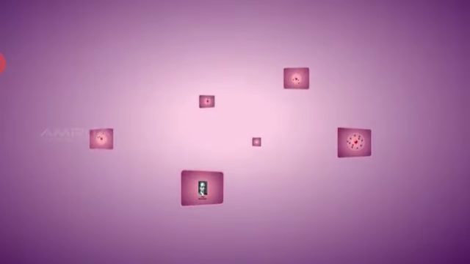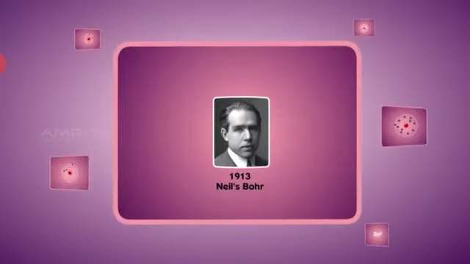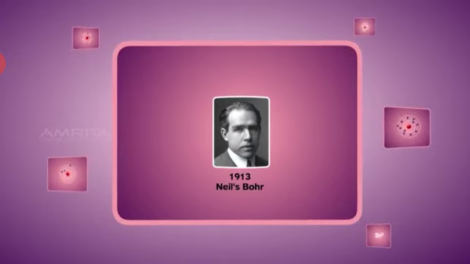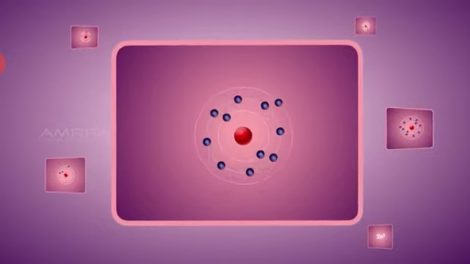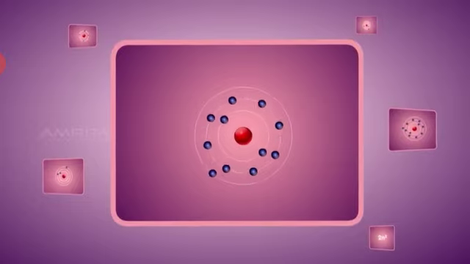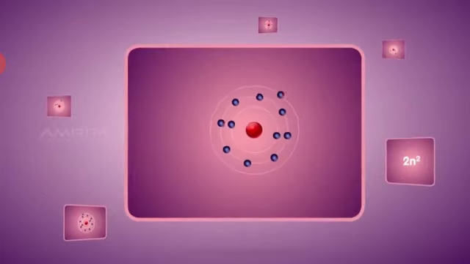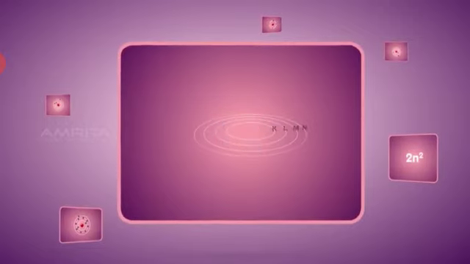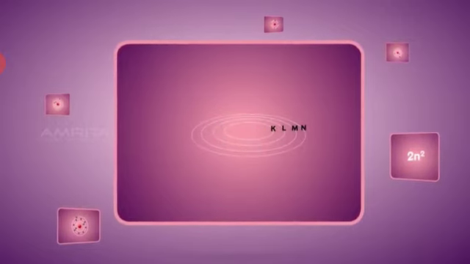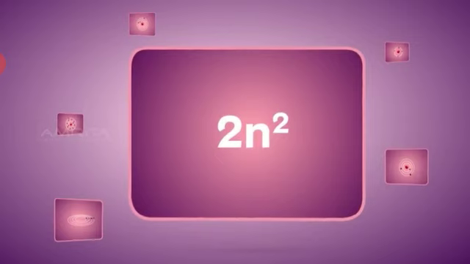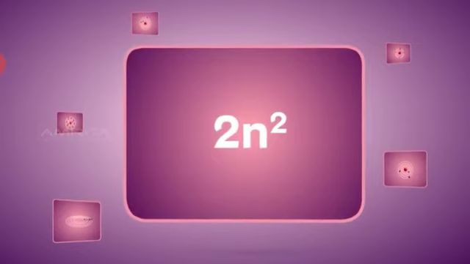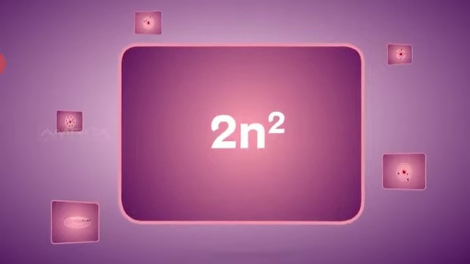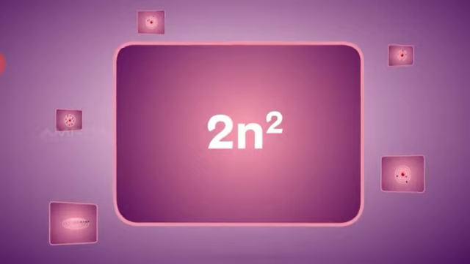Things to remember. In 1913, a Danish physicist Niels Bohr proposed an atomic model known as Bohr's atomic model. In an atom, the electrons revolve around the nucleus in definite energy levels called orbits or shells. The maximum number of electrons that can be accommodated in a particular orbit is 2n to the power of 2.